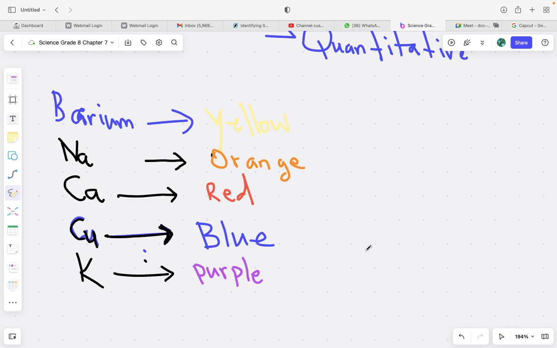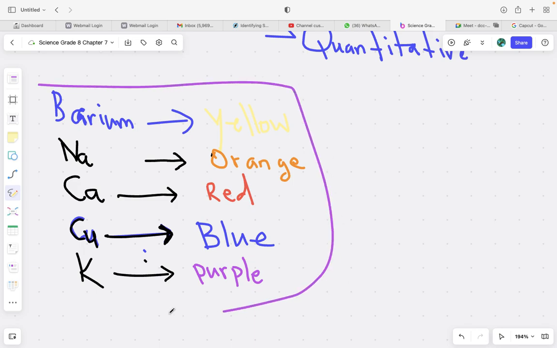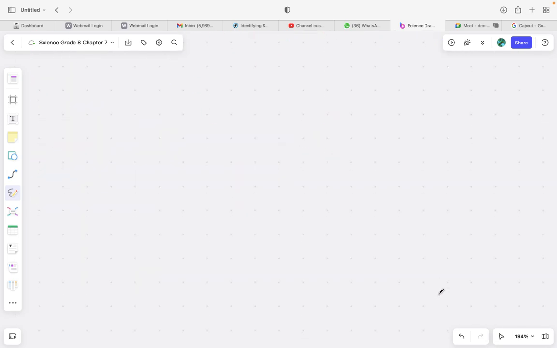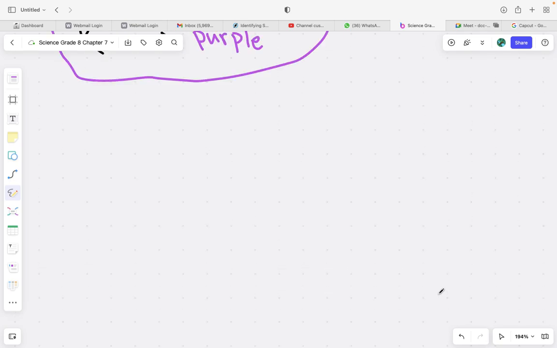So please bear in mind, barium gives a yellow flame, sodium gives an orange flame, calcium gives a red flame, copper gives a blue flame, potassium gives a purple flame. Please, this is very important. You need to know this super well. Now let's move on to the next one.